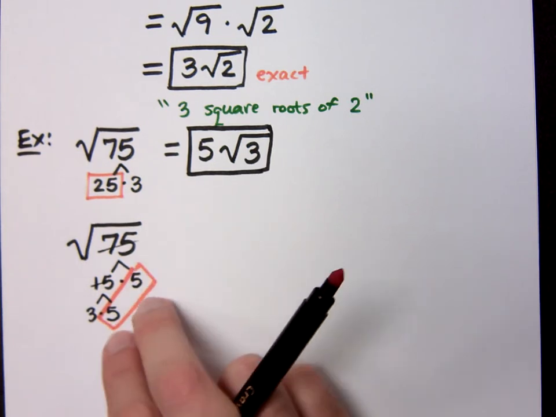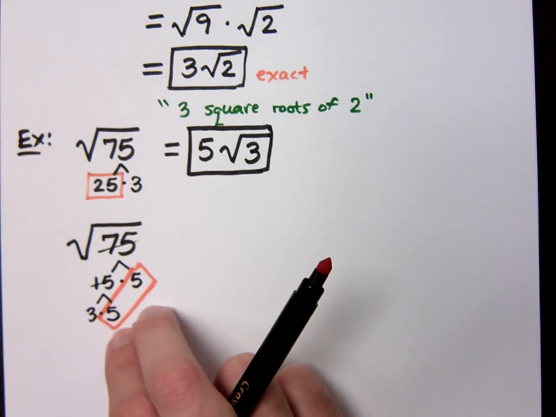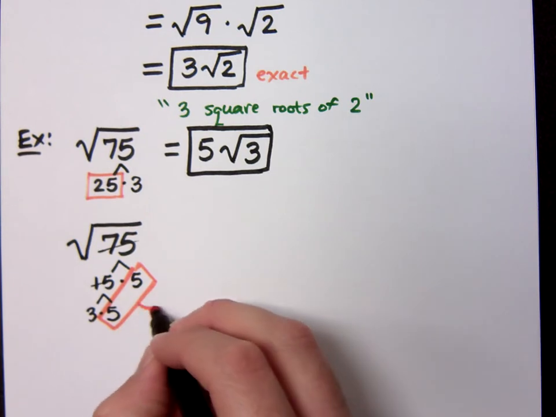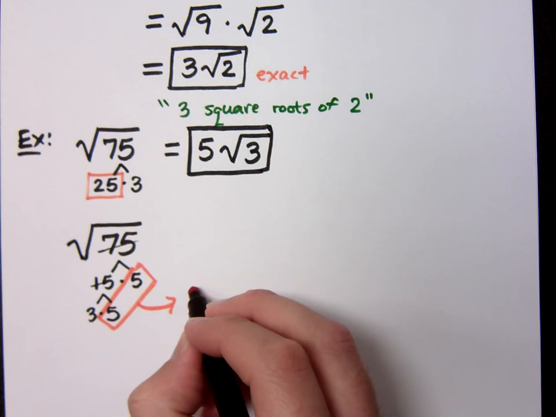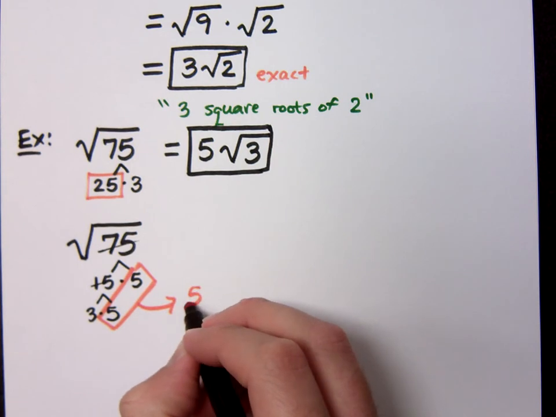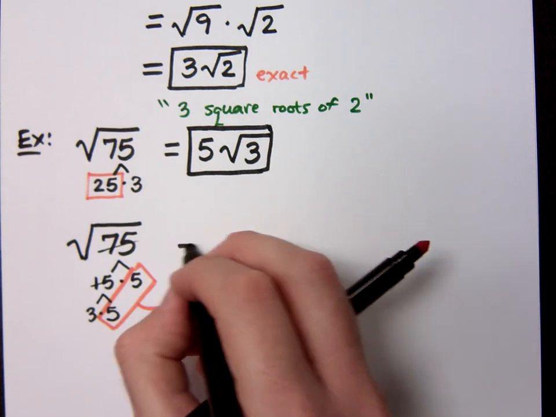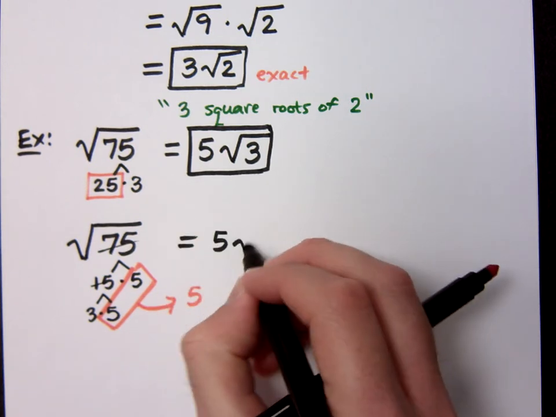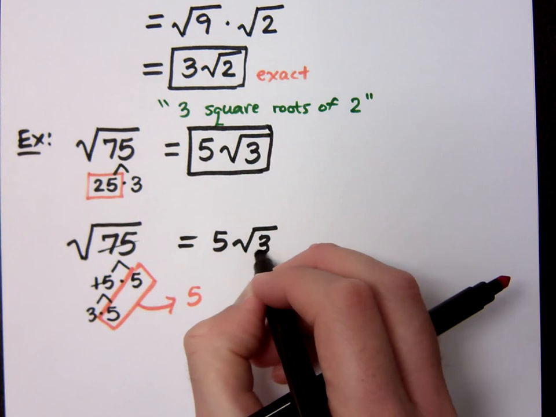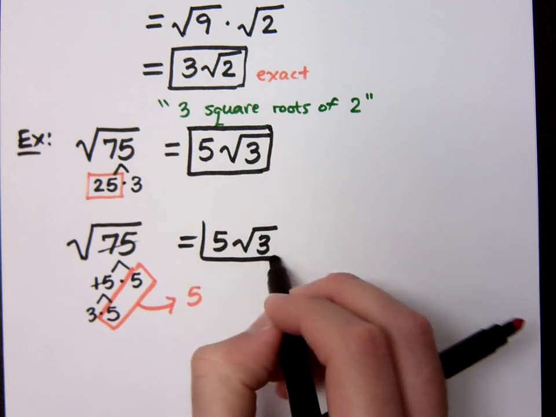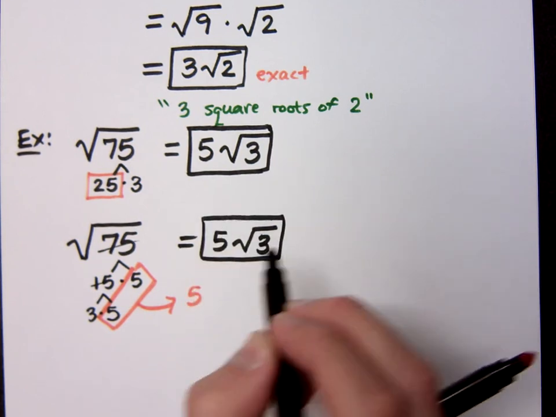I have 2 factors of 5 on the inside, and when I take the square root, what am I going to get on the outside? No, I'm not going to get 25 on the outside, but I'm going to get a 5 on the outside. And I'm still going to be left with a 3 on the inside.